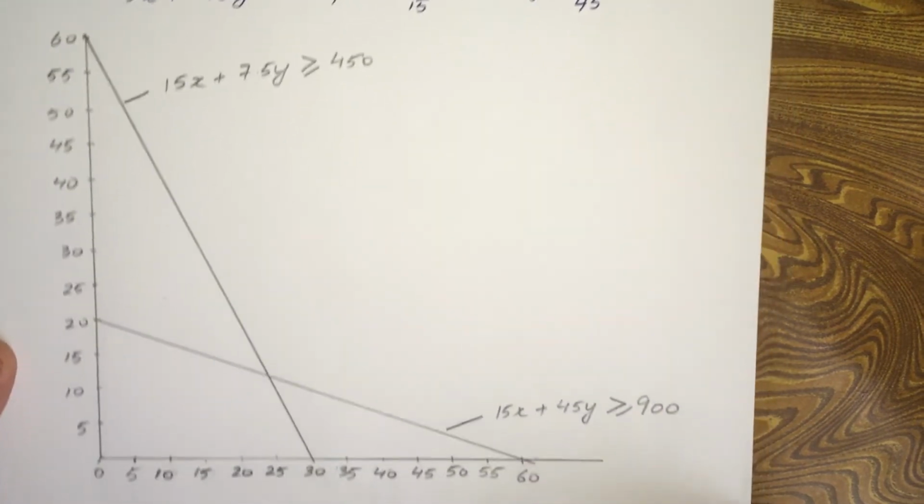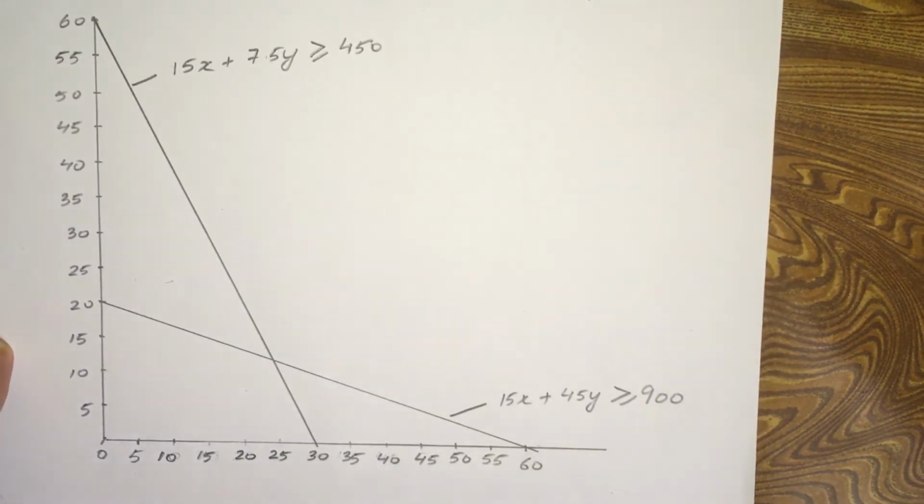Now remember that this is a minimization problem. So the feasible region in a minimization problem is opposite that of the maximization problem. In a maximization problem, your feasible region would be closer to the origin. But in a minimization problem, your feasible region should be away from the origin.